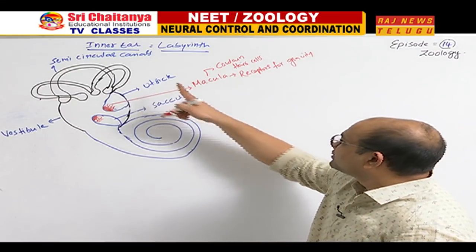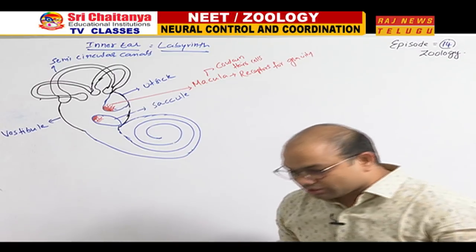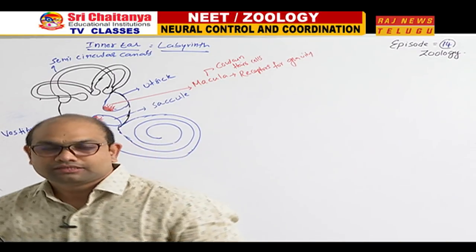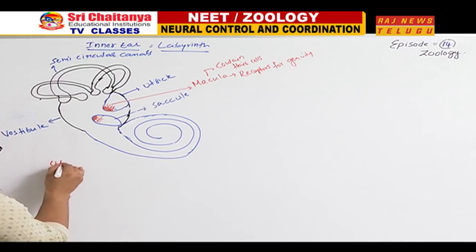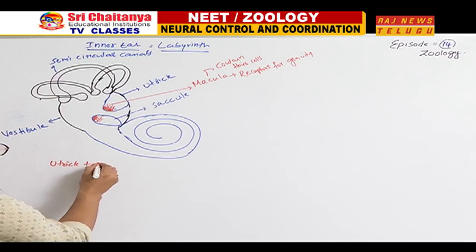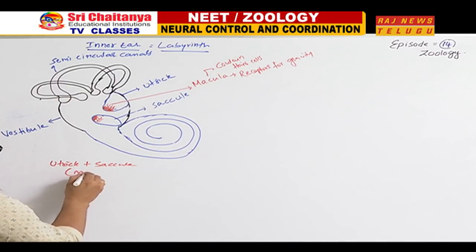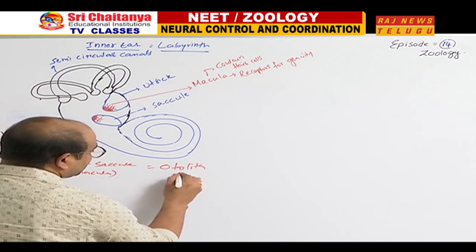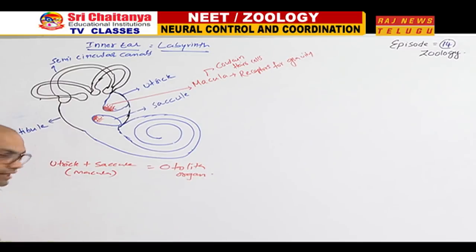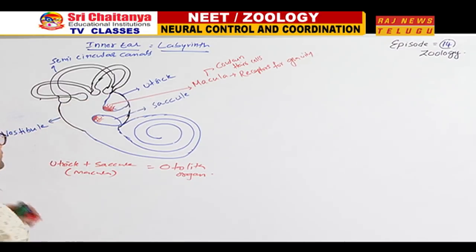This utricle, saccule, macula together are known as otolith organ. Utricle plus saccule, both have macula, so together they are called otolith organ.